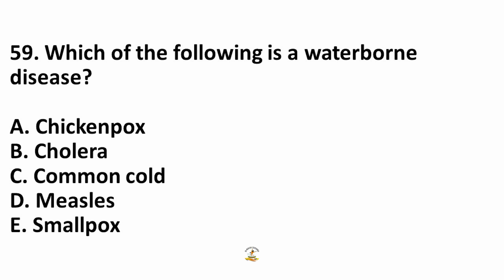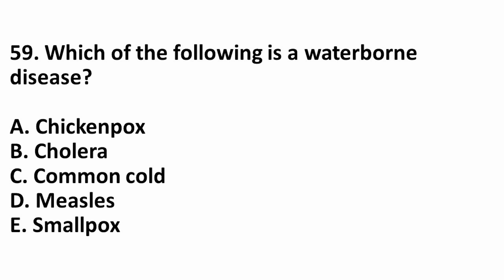Measles is also another viral disease. So also is smallpox. All of them are caused by viruses, whereas cholera is caused by a bacterium called Vibrio cholerae, and cholera is an example of a waterborne disease. So for number 59, the correct option is B.